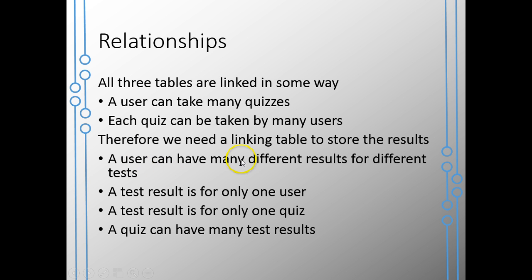So a user can have many results from many different tests, but each test result is for only one user and only one quiz, so it links the two together. But each quiz can have many test results. That is, one quiz can be used over and over for lots of different users.